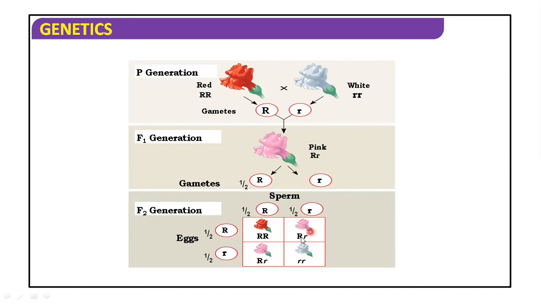Now we get the product: capital R capital R is 1, capital R small r is 2, and small r small r is 1. In the F2 generation, we got 1 is to 2 is to 1. The product ratio we got like this.